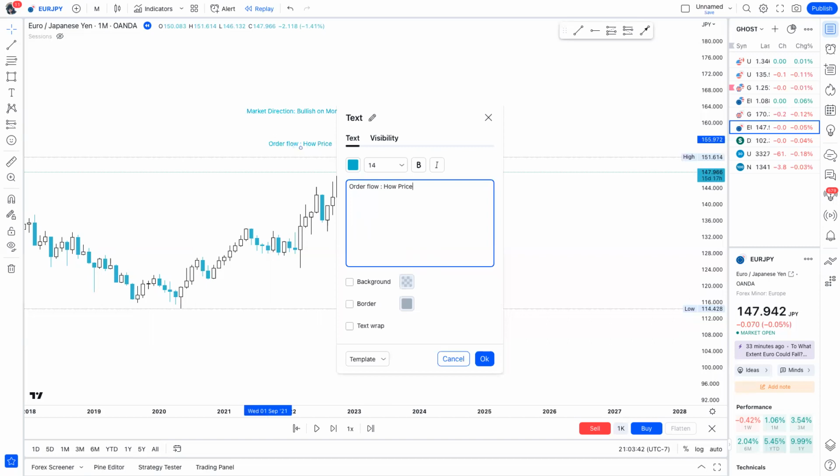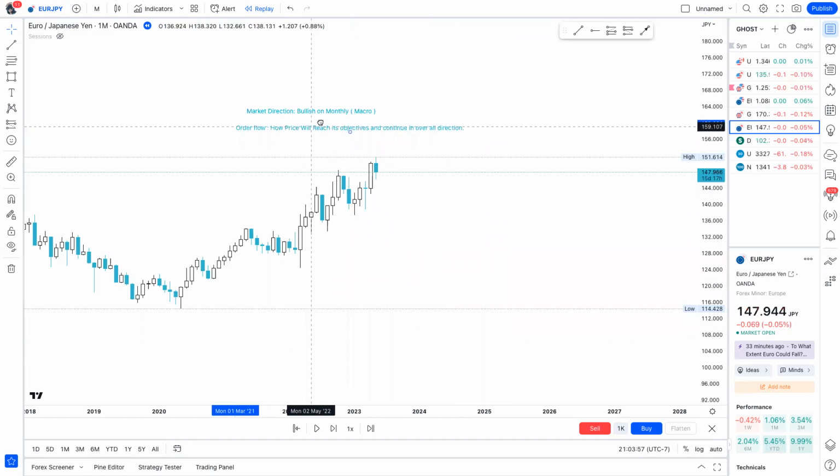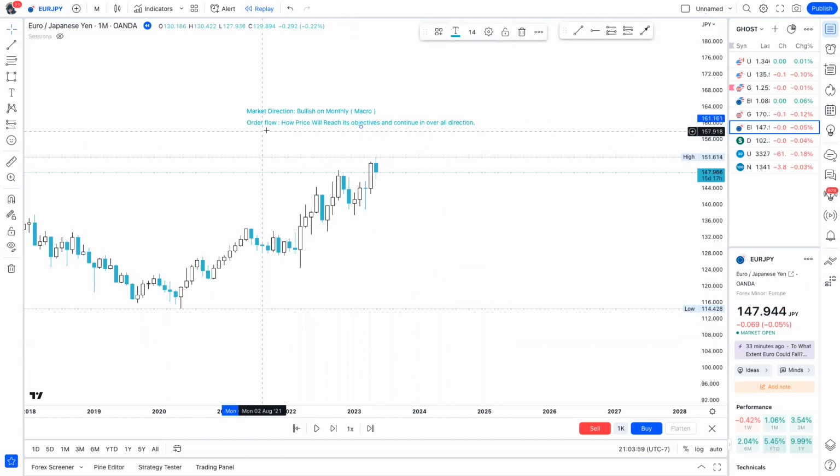How price will reach its objectives and continue in overall direction. By knowing the order flow, this is where you're going to catch your trades. So the direction is where, and order flow is the how.